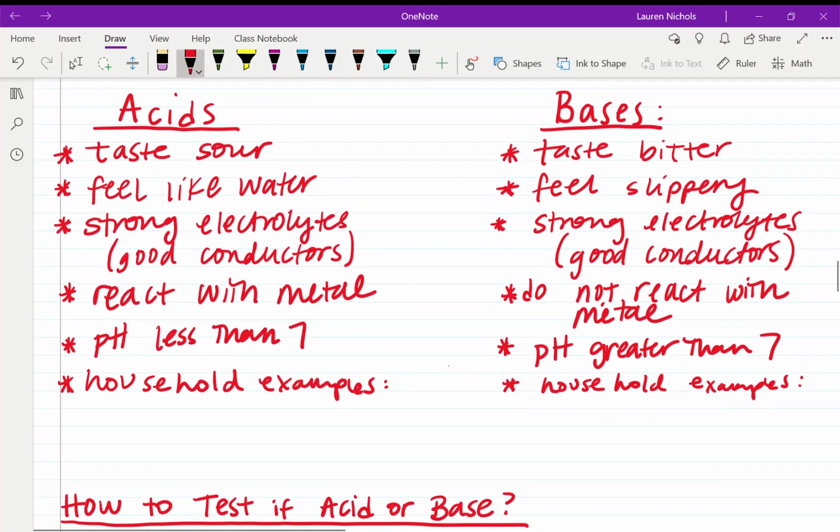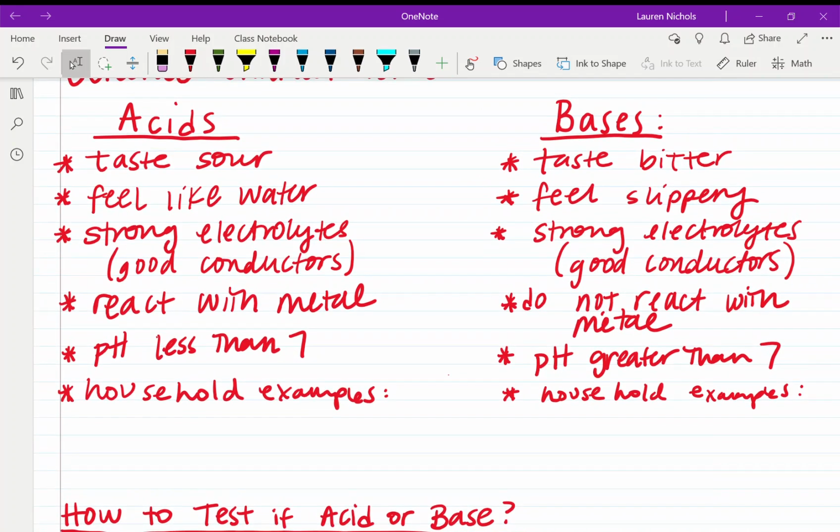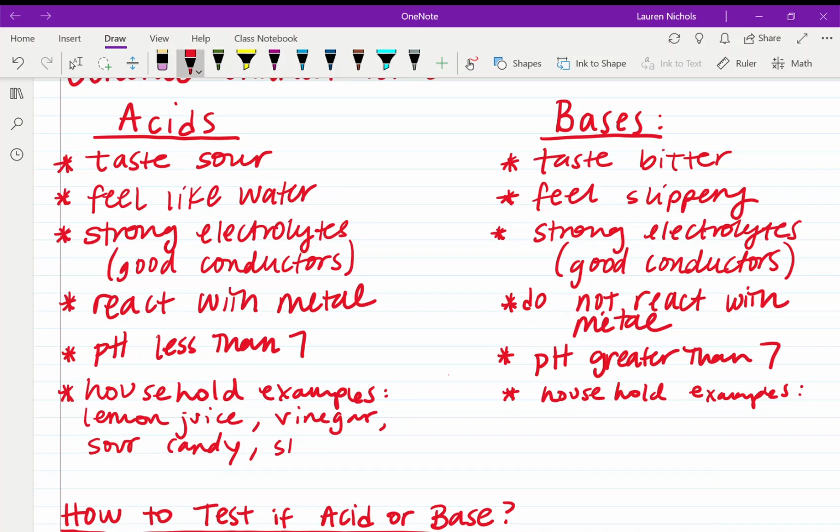Now, when we talk about household examples, some household examples of acids are lemon juice, vinegar, anything with sour candies. The part that makes them sour is citric acid. Your stomach acid is hydrochloric acid, and it's great for digesting your food and breaking it down.